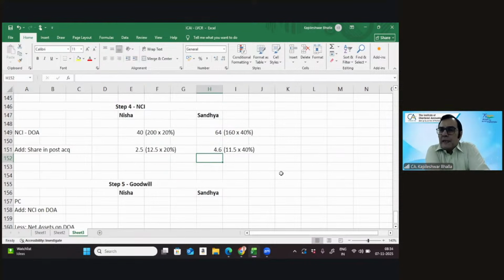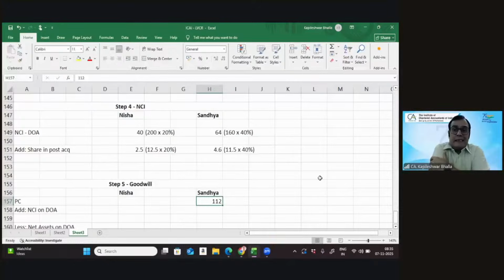Okay, is there any other things which needs to be adjusted at this particular stage? Am I supposed to make any other adjustments in NCI? Because let me remind you, when you go to consider the purchase consideration in terms of Sandhya, you are going to consider this as 112. This is the effective percentage. So would you like to tell me, what do you do with that remaining 40%?